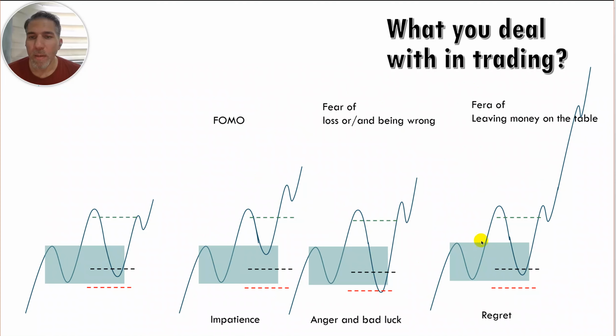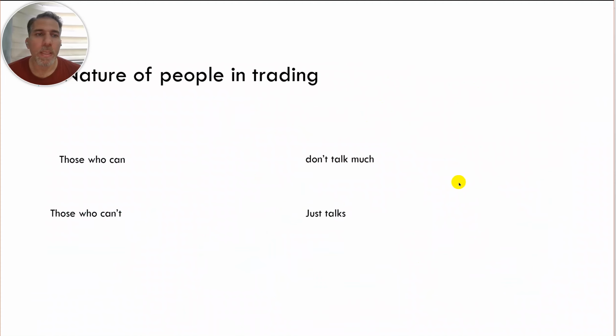Now that I talked about this, by the way, the nature of trading is that those who can trade, this is something that Albrook says as well, they don't talk much. They do day trading, they don't sell courses.